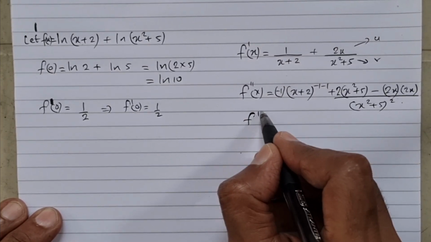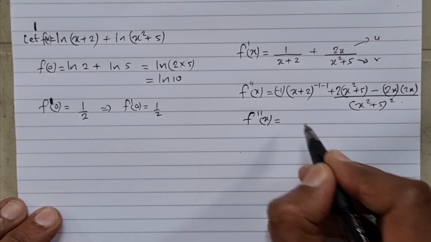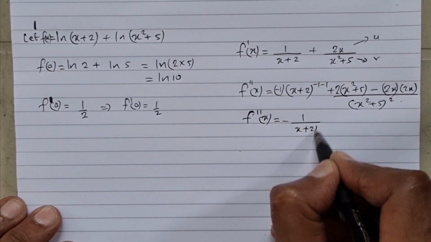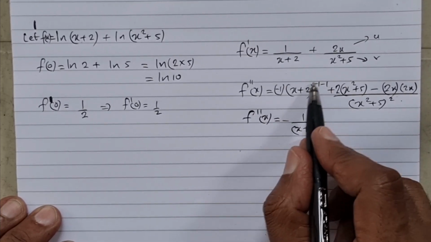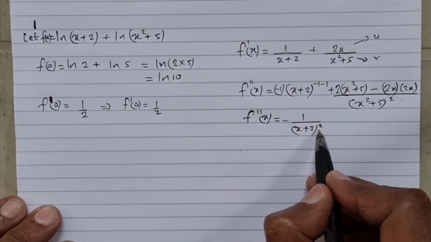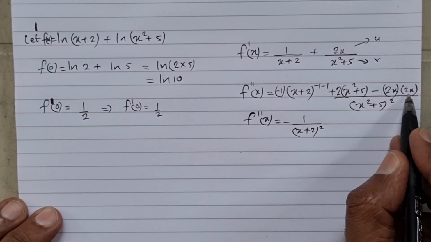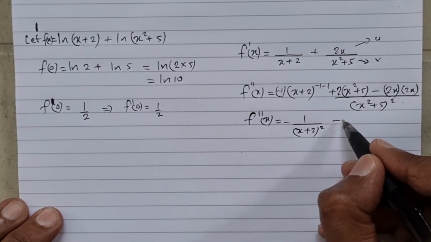So what we have is f''(x) equal to negative 1 over (x + 2) all squared, because if this is minus 2, downstairs becomes positive 2. 2x squared here minus 4x squared here is going to be minus 4x squared.